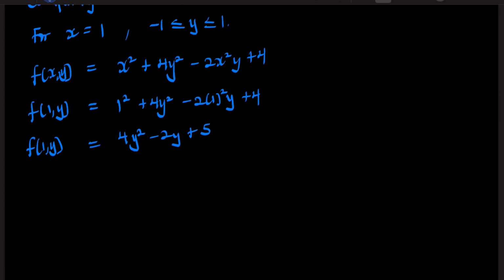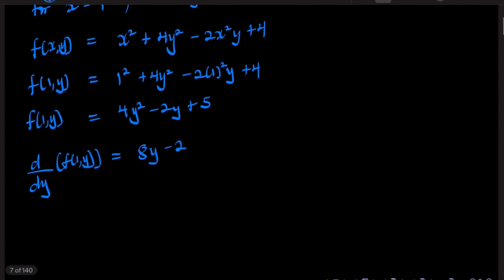We now differentiate this to find the critical points on this boundary x is equal to 1. So d/dy of f(1, y) will be given as 8y minus 2.